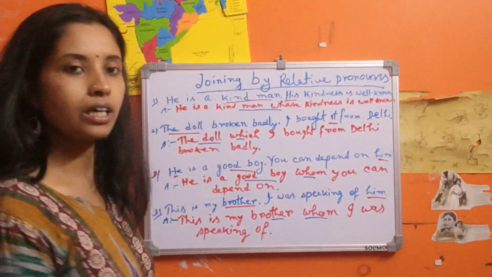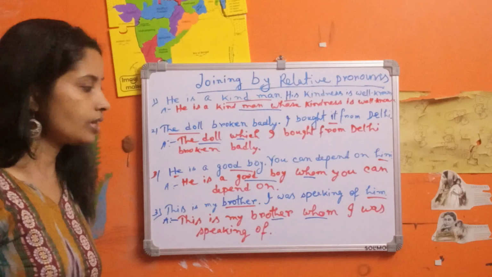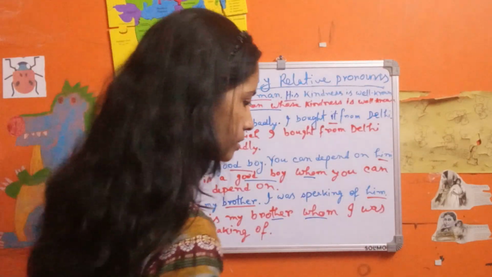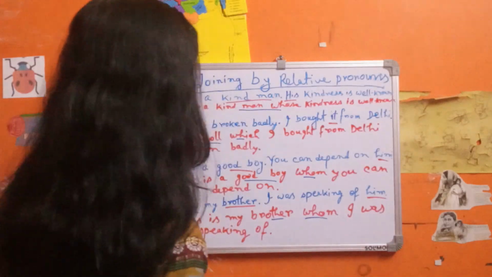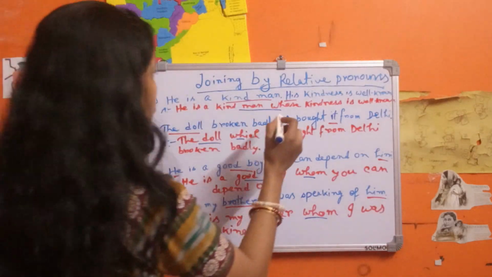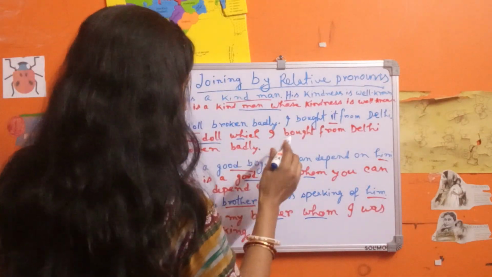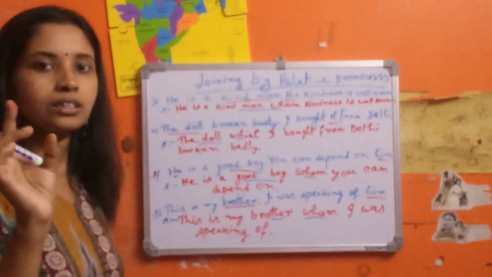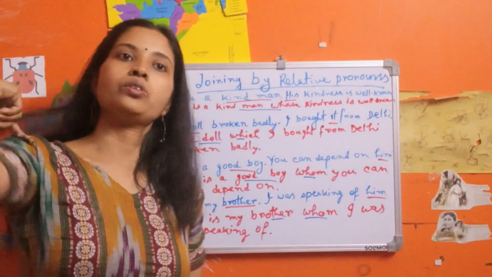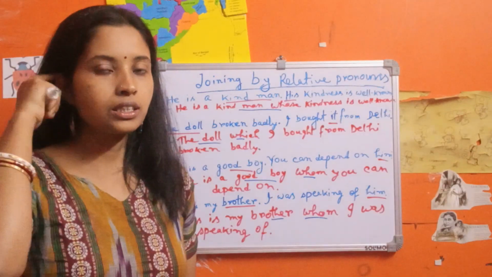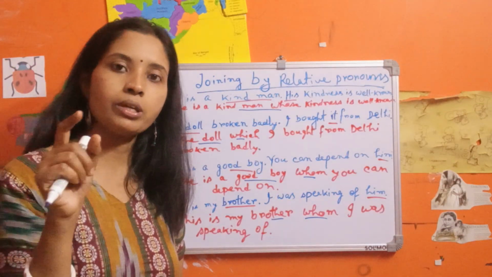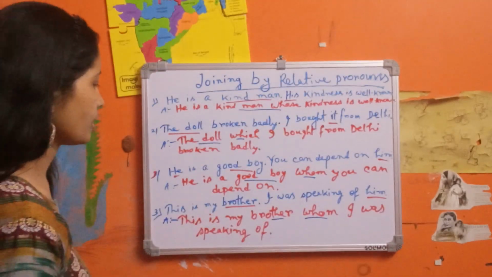That's the rule. Whose and whom are connectors between two sentences, referring to a living person or living object.